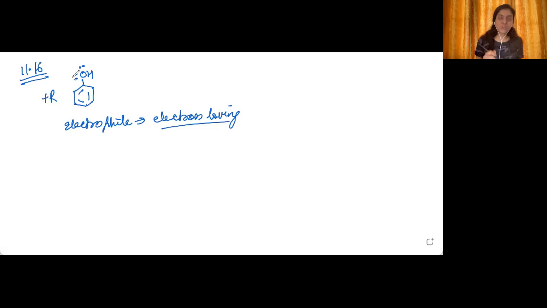The lone pair of electrons on oxygen are in conjugation with the pi electrons of the benzene ring. So resonance will occur. So this will get a positive charge and there will be a negative charge on the benzene ring. So we can just draw all the resonating structures which are involved here.